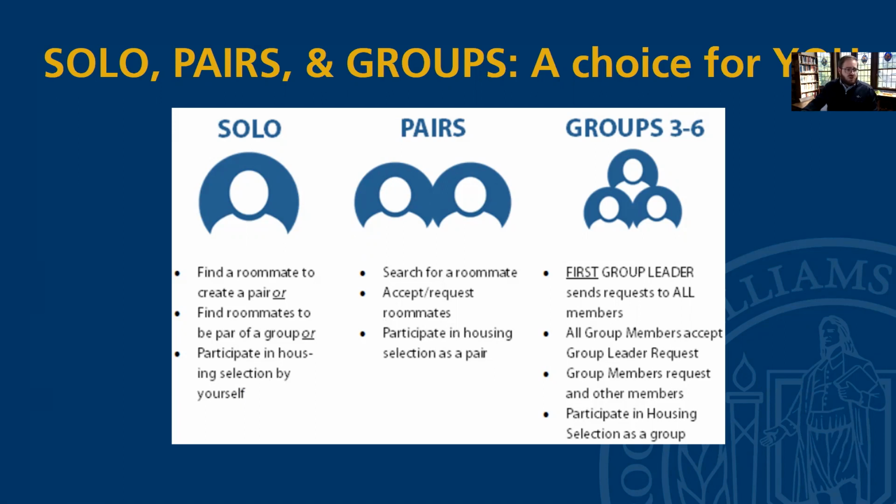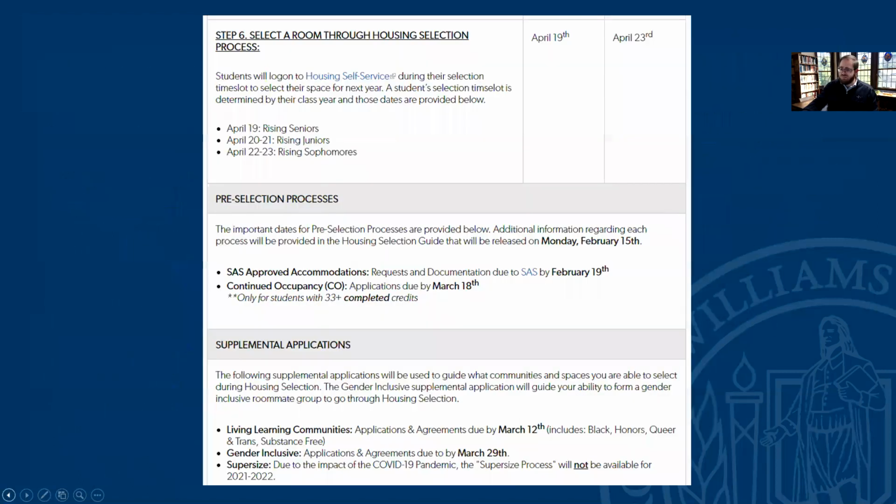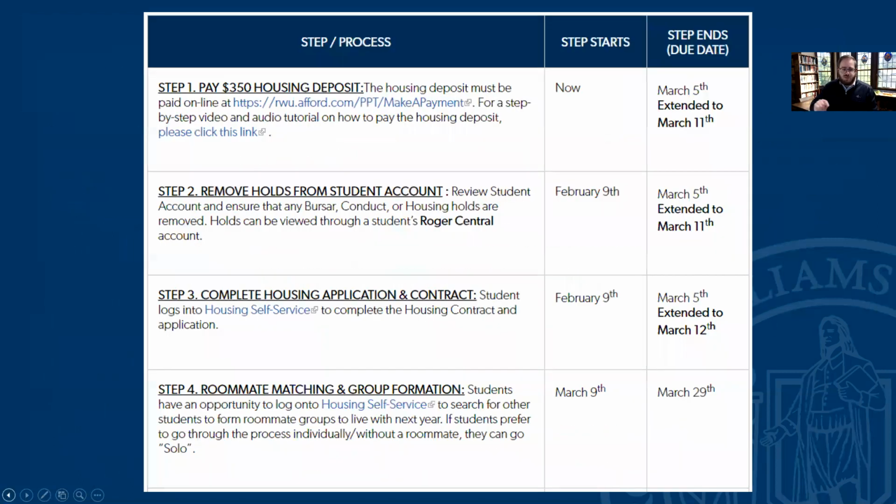Caitlin, each person in the group, including the group leader, has to request and approve each other. When do you have to do the roommate selection by? Good question. Each person has to be able to accept and approve, so it's really important for the group leader to send out all of that information to people, because as you saw, it keeps track of all the steps that need to happen.